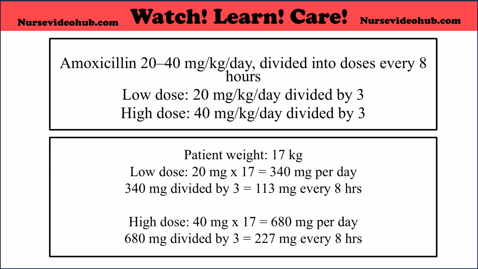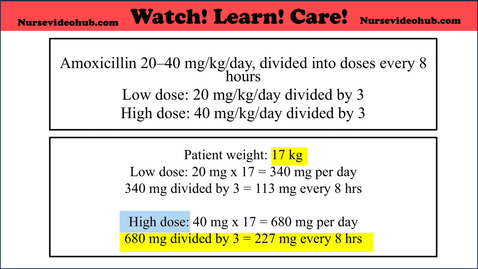If the patient's weight is 17 kilograms, the low dose is calculated by multiplying 20 milligrams by 17. This gives you the daily low dose. If the patient is receiving the medication 3 times a day, the low dose would be 113 milligrams every 8 hours. The high dose is calculated by multiplying 40 milligrams by 17, which equals 680 milligrams for the daily high dose.